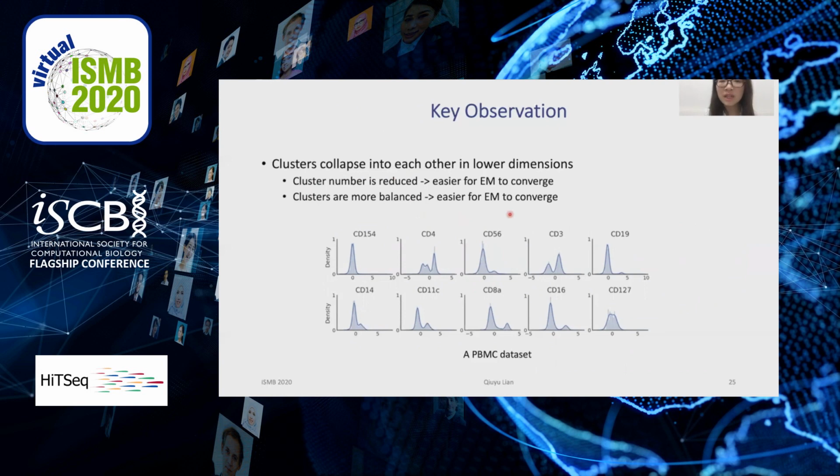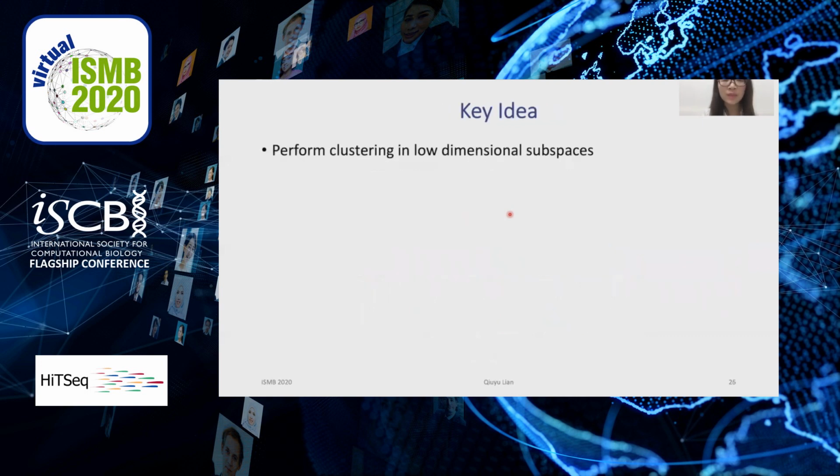The observation that the EM algorithm converges more easily in lower dimensions leads to our key idea. Instead of taking whole dimensions into clustering at once, why not perform clustering iteratively in lower dimensions? Below I'm showing you the original GMM clustering result in 2 dimensions. Instead of working on 2D, we could also work on single dimensions iteratively.